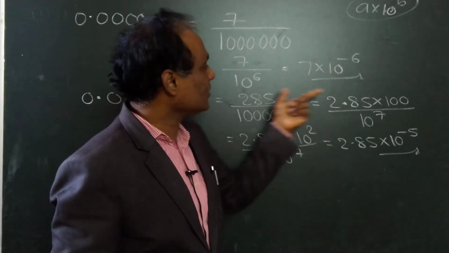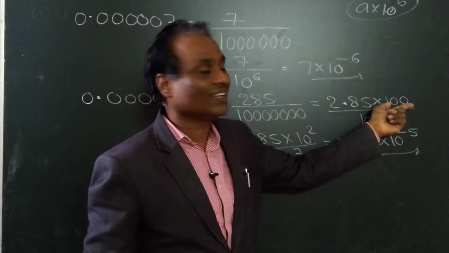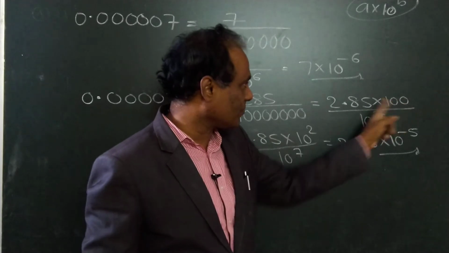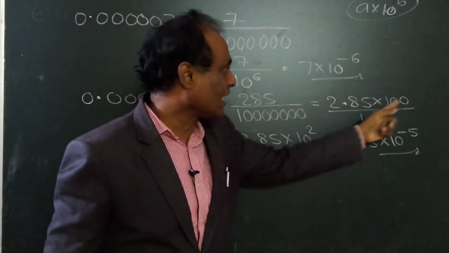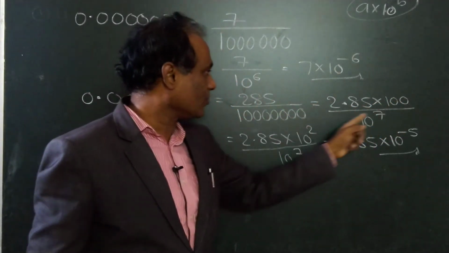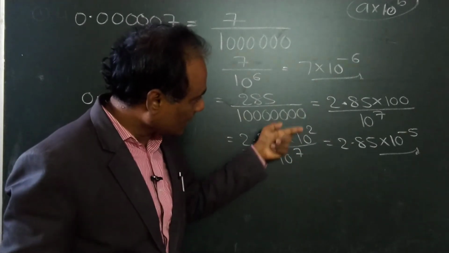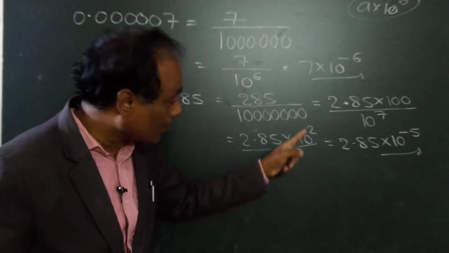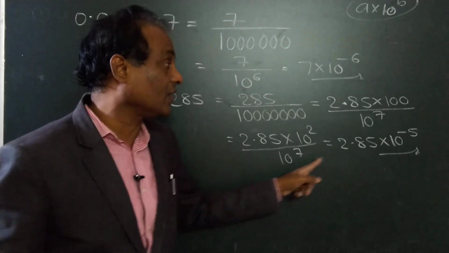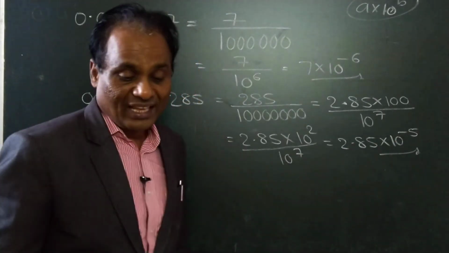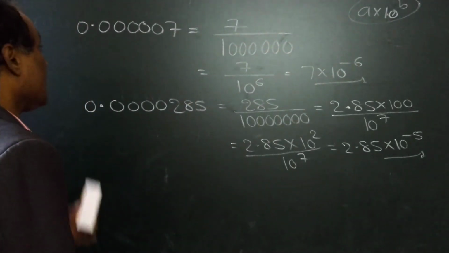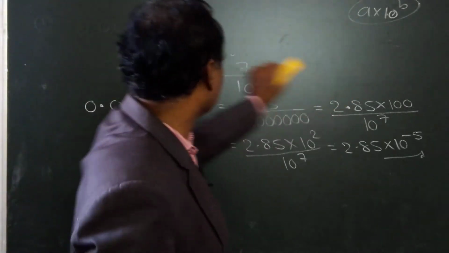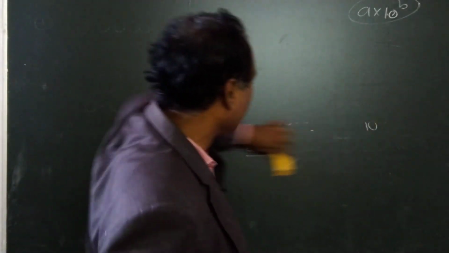If you are forcefully changing like this, we have to write 100, so that if you multiply these two, we will get this only. 100 is 10 square, this is 10 to the power of 7. A power m by a power n is a power m minus n. 2 minus 7 is minus 5. Like this, we can write normal form into standard form and standard form into normal form.